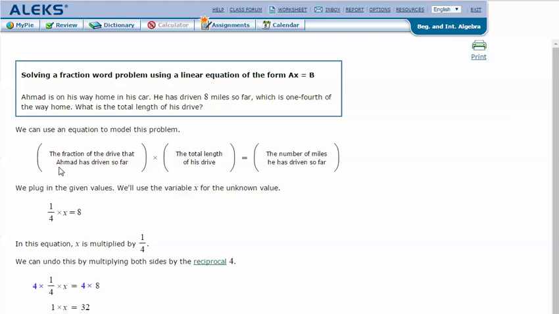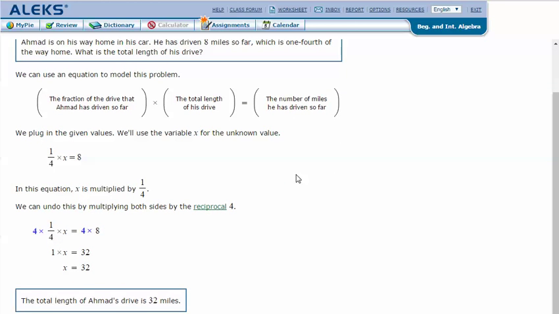So we would take the fraction of the drive that Ahmad has driven so far times the total length of his drive equals the number of miles he has driven so far. We plug in the given values and we'll use the variable x for the unknown value. And so he's driven 1/4 of the way of the total.